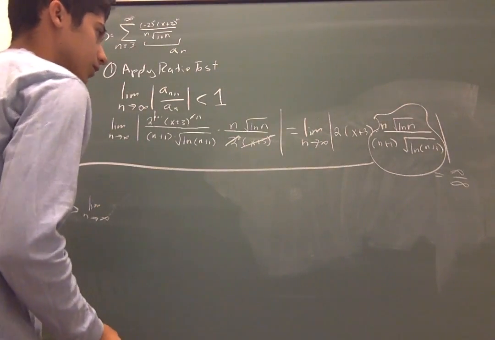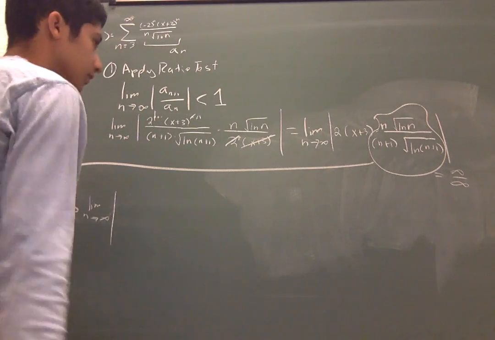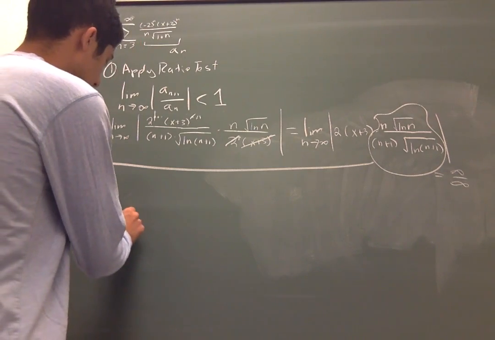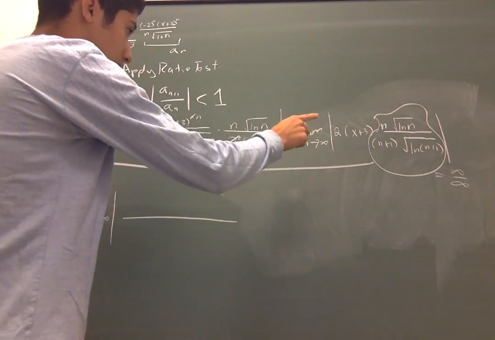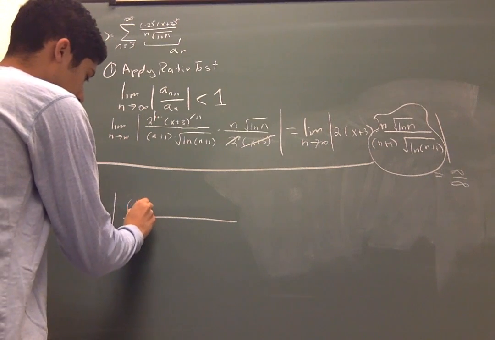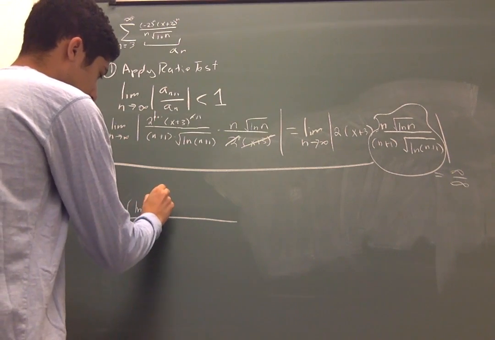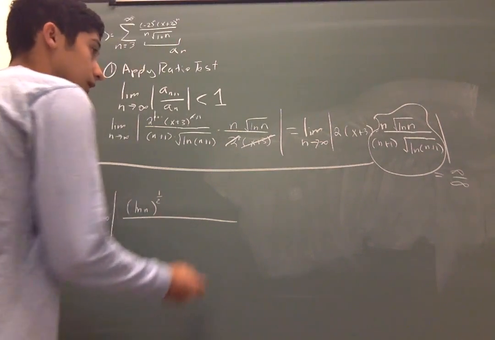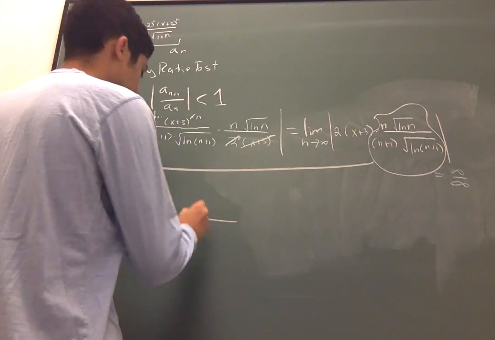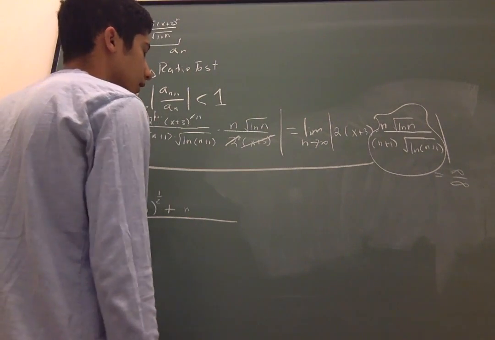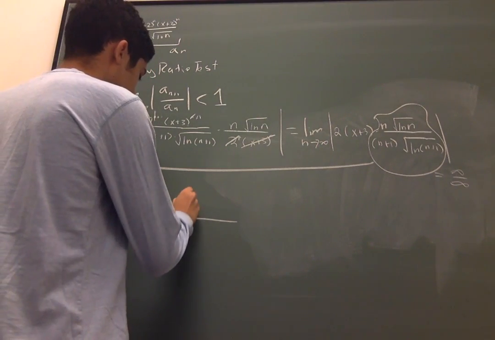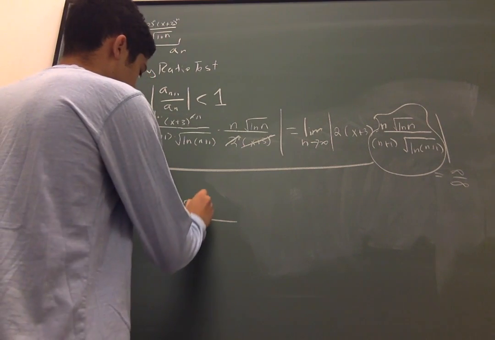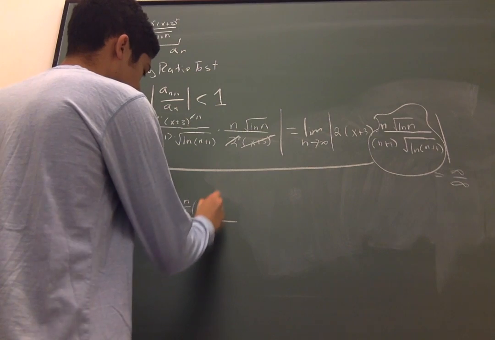So this will be equal to the limit as n, so this will give you square root of ln n, 1/2, and then you apply product rule, then that will be plus n over 2 times ln n to the negative 1/2.